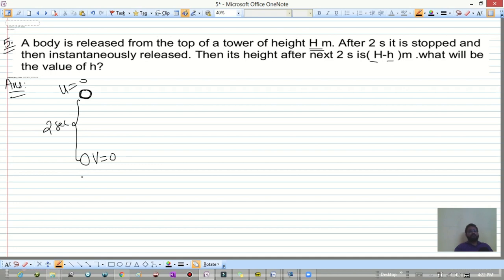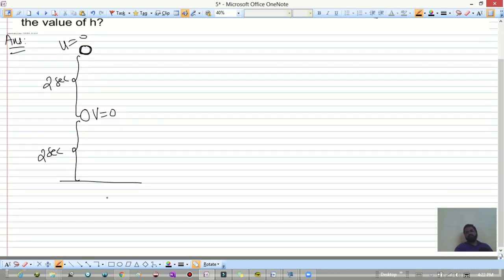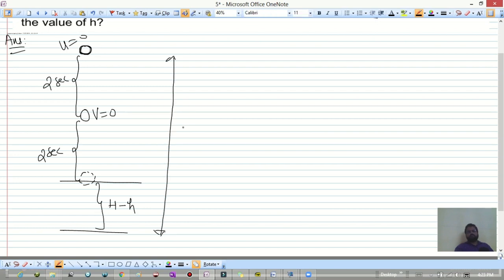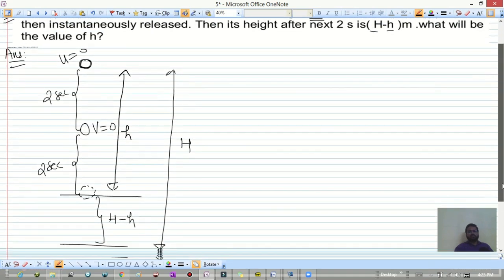Then its height after 2 seconds is capital H minus small h. This total height is H. This is, let us consider, small h. So the value of h we want.